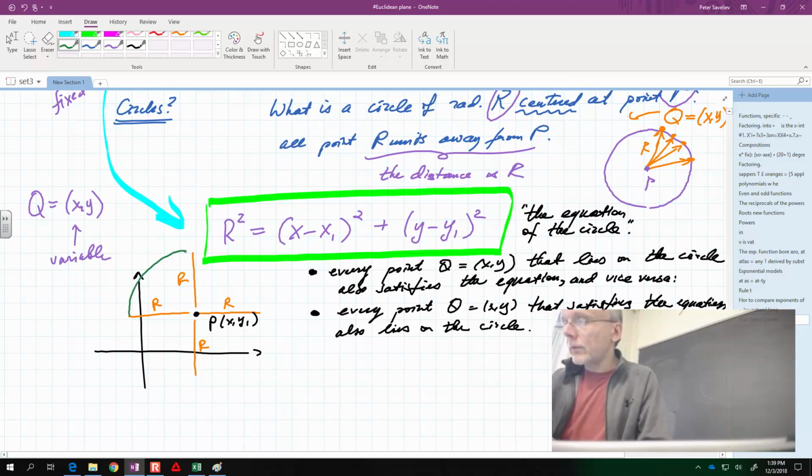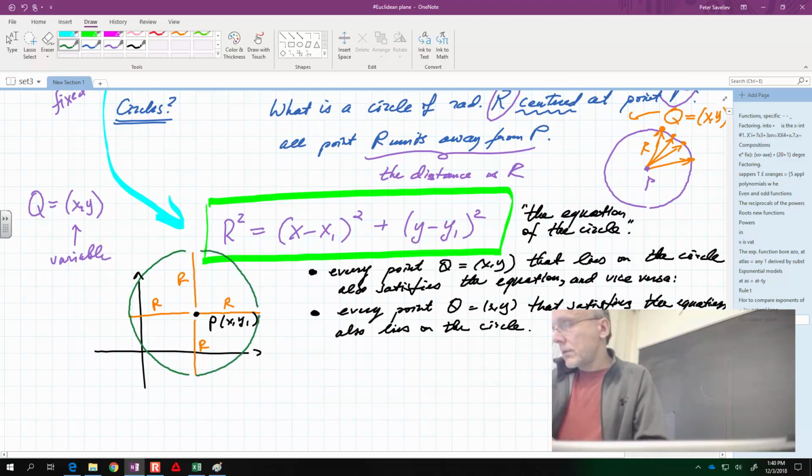The specific problems you are likely to encounter are of one kind or the other: either the equation is given and you need to describe the circle in some other way, or you have a description of a circle and you have to find a formula.